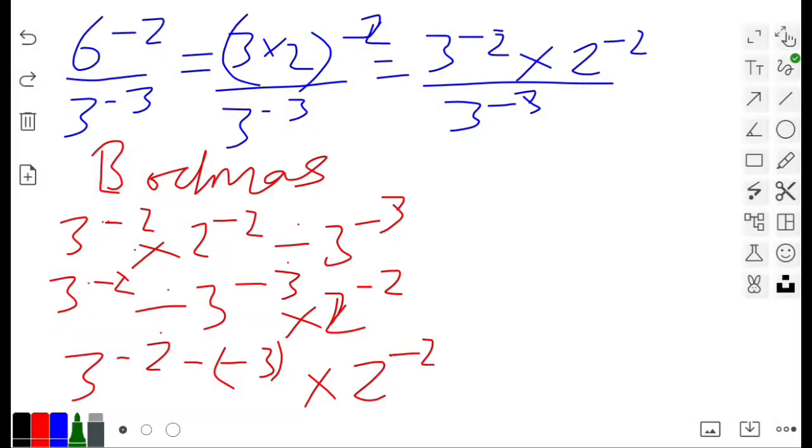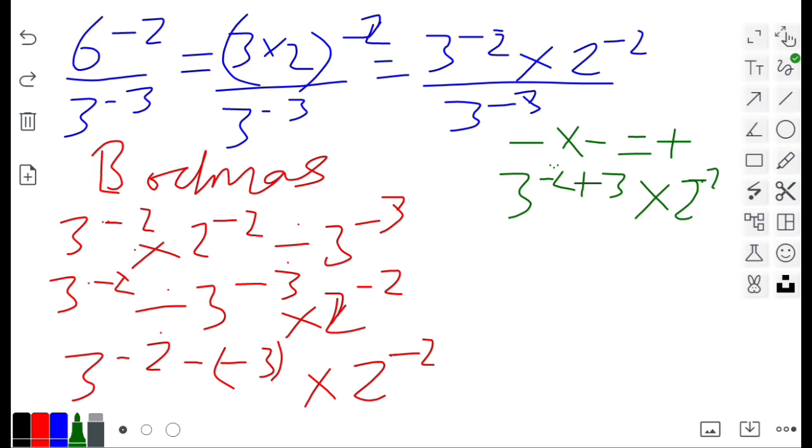Now, recall that minus times minus is equal to plus. Therefore, we'll be having 3 raised to the power of minus 2 plus 3 times 2 raised to the power of minus 2.